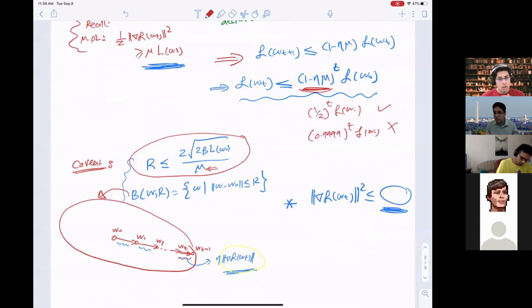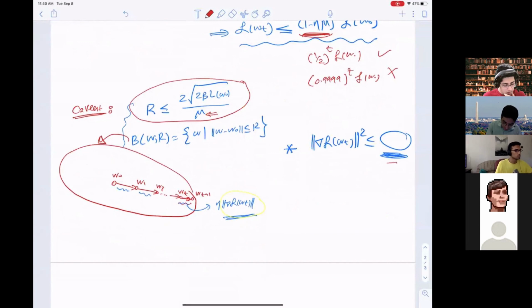And if your mu is very small, you have bad conditioning, then your radius is going to blow up inversely proportional to mu. So it is very straightforward. To save a little bit of time, because in today's lecture I want to finish this overparameterization argument, I'll let you read the proof in the paper.